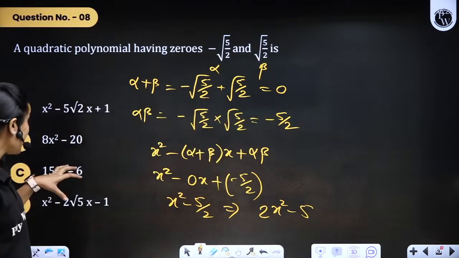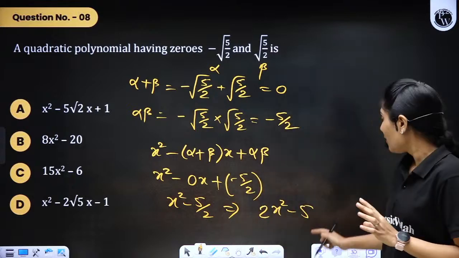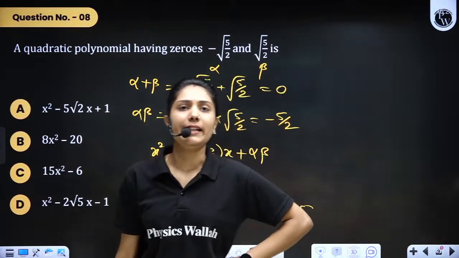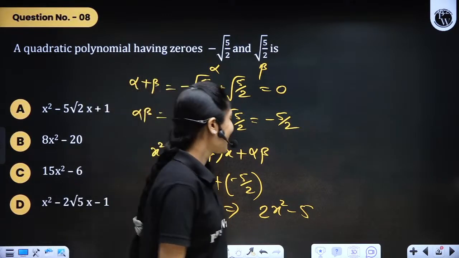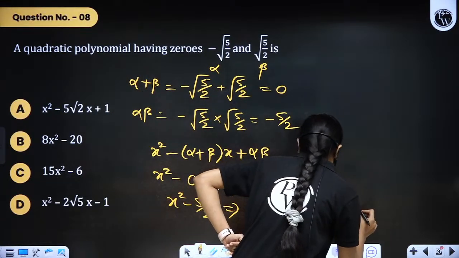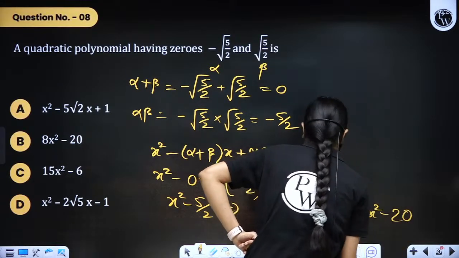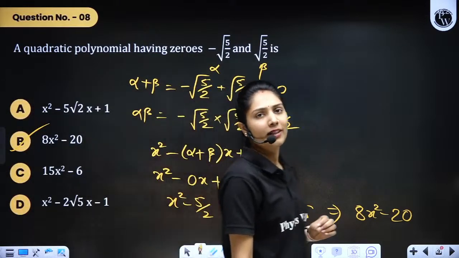Since we don't have such option as 2x square minus 5, we can just multiply it with 4 to get our option number B. So by multiplying 4 we get 8x square minus 20. Okay, so option number B is absolutely correct.